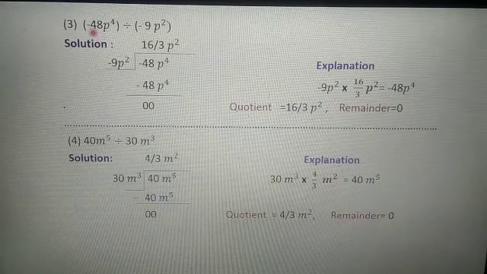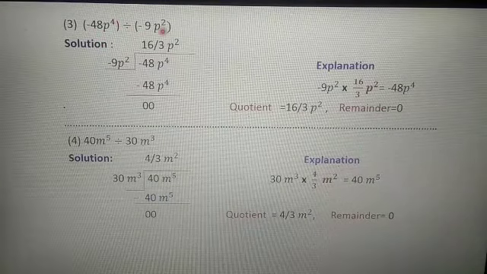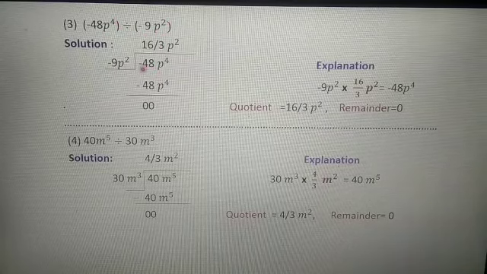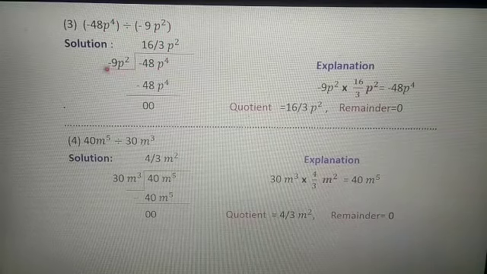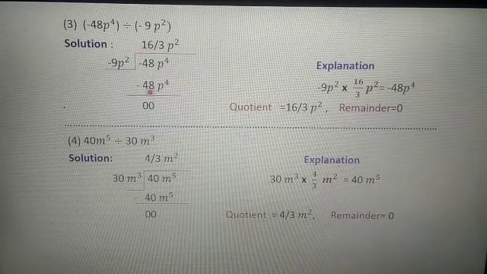Now see here, minus 48p raised to 4 is divided by minus 9p square. Let us write the solution part. We write the dividend minus 48p raised to 4 and the divisor minus 9p square. Now minus 9 into what can we get 48?